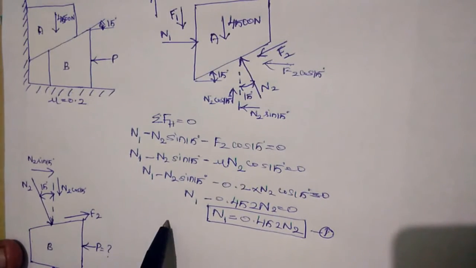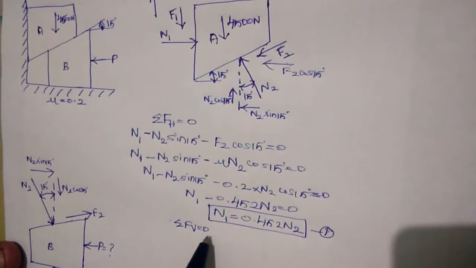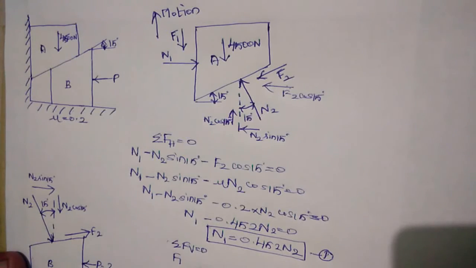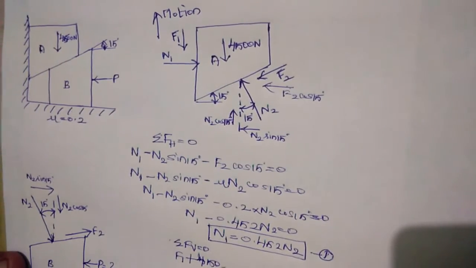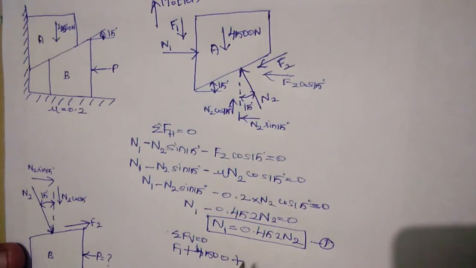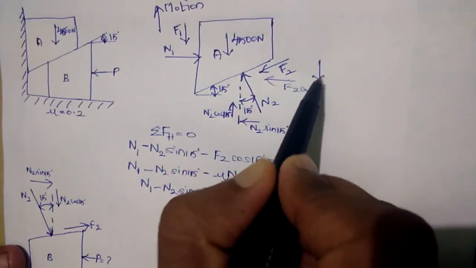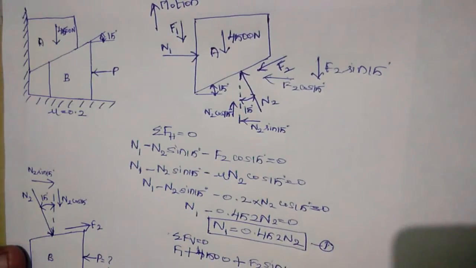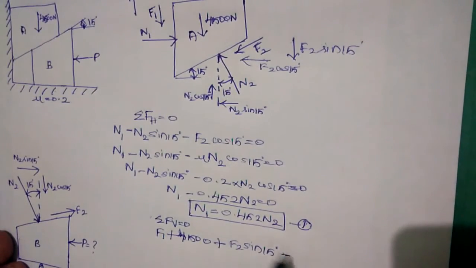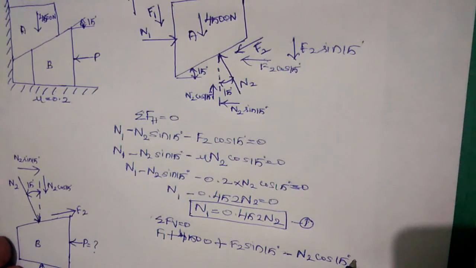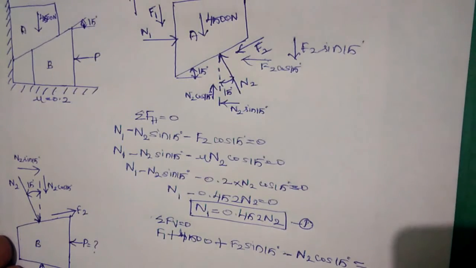Now equating all the vertical force components to 0: F1 acts downward, so it is positive, plus 4500 Newton, plus the vertical component of F2, F2 sin 15 degree, minus N2 cos 15 degree is equal to 0.